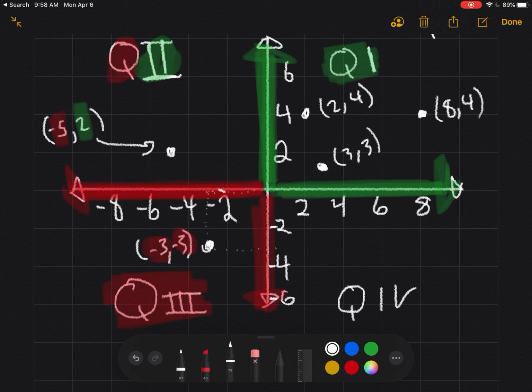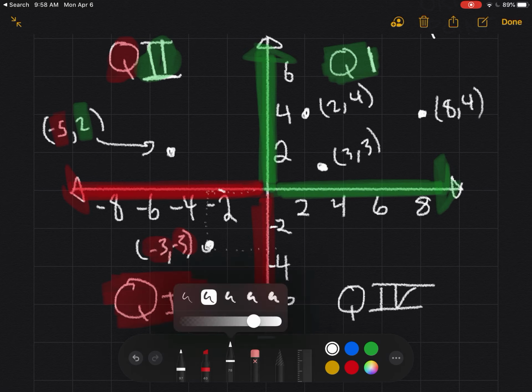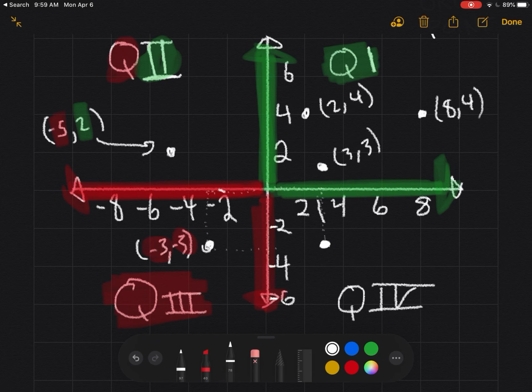And so last but not least, let's take a look at quadrant 4. And what I think is interesting, this is just the Roman numeral for 4. Sometimes, like I said, they do quadrants like that. So quadrant 1 and quadrant 2 are sort of opposites of each other. And quadrant 3 and quadrant 4 are sort of opposites of each other. Let's pick a point at random here and see what we can see. So this point, gosh, I must love 3s.